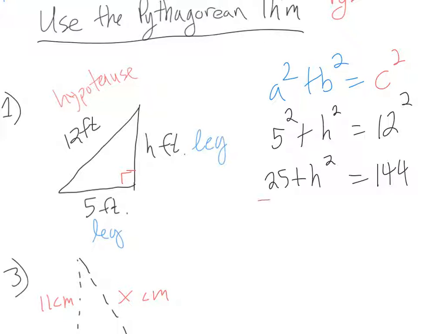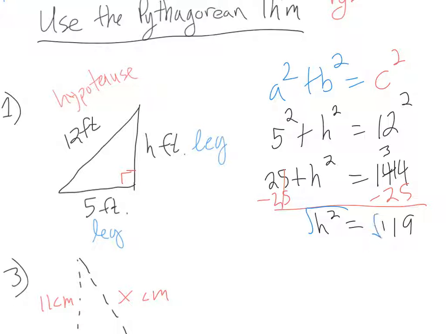We're going to subtract 25 on both sides, and we get h squared is equal to, let's do some borrowing here, that becomes a 3. We've got 9, 3 minus 2 is 1, and we've got another 1, so h squared is equal to 119. H is not alone yet.